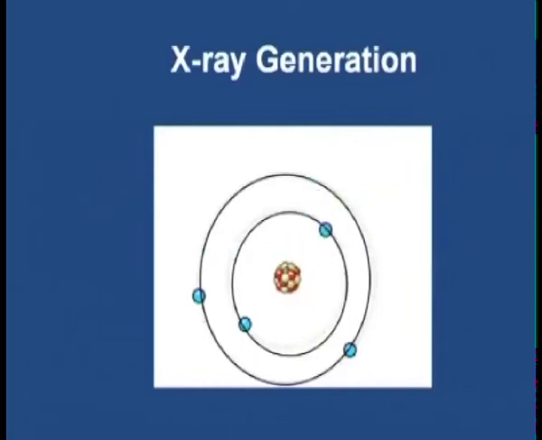So, what happens? From the higher state, the electron should come down to the lower state. You have studied the Balmer series, Lyman series, etc., in the hydrogen spectrum. So, if an electron is removed, then the other electron from the higher energy level should come down.